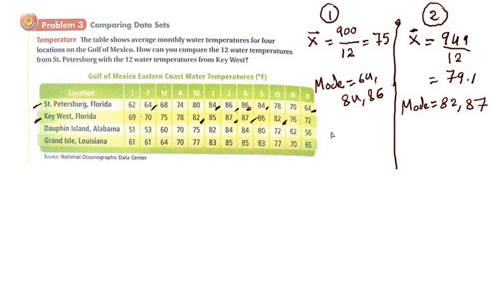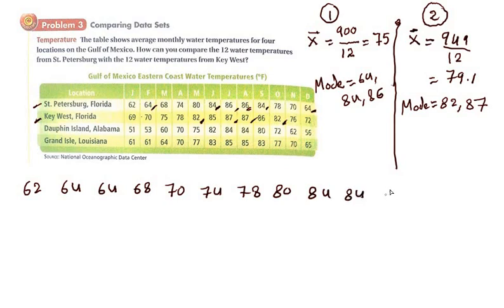To find the range, the interquartile range, and the median, let's construct the box and whisker plot. Firstly, we need to order the values for the first city. 62 is the minimum. Then we have 64, 64 again, 74, 84, 84 again, 86, and 86.